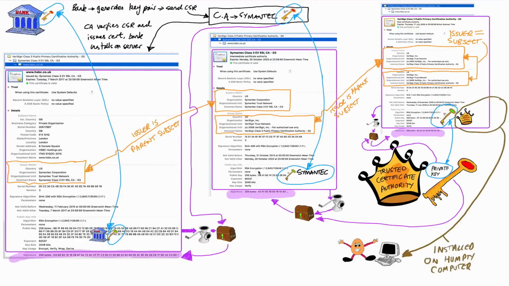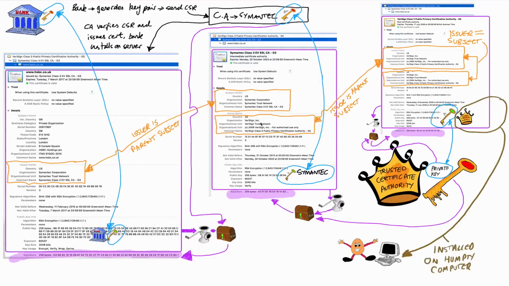If those are the same, then this certificate is a bona fide Symantec certificate, and it implies, more to the point, that this public key in the certificate does actually belong to Symantec.